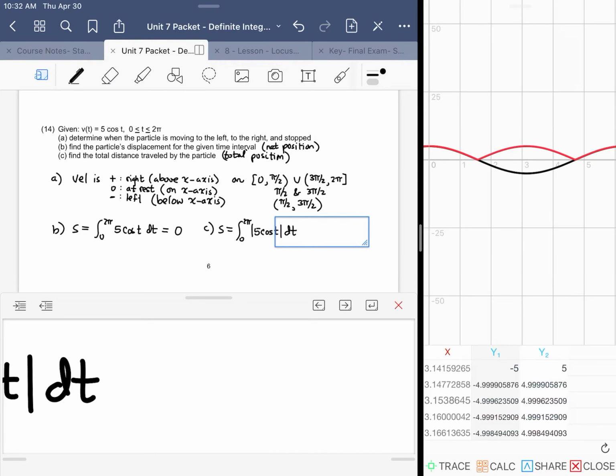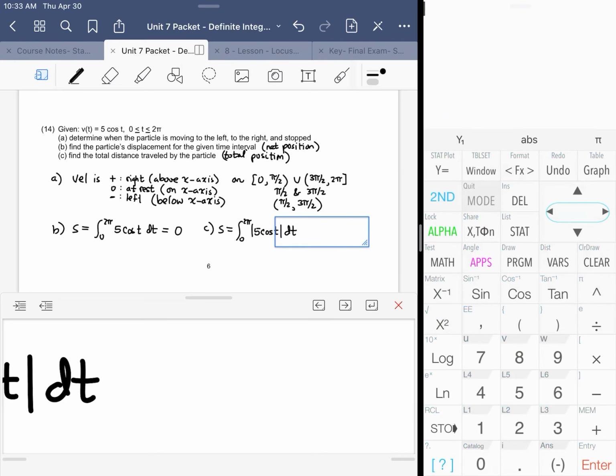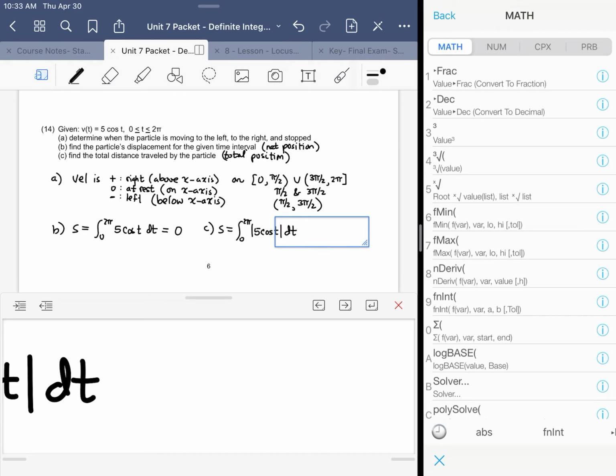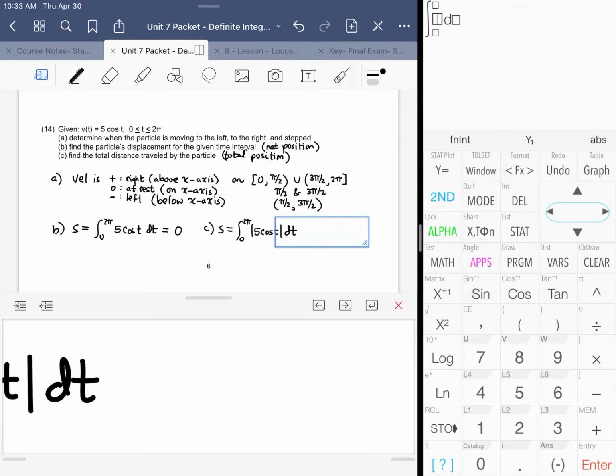And then I'm just going to select alpha trace followed by y1, just to say that I want the absolute value of whatever I had stored in y1. And you can see that for the parts between 0 and pi over 2 and 3 pi over 2 to 2 pi, it's the same, but the parts between pi over 2 and 3 pi over 2, it got flipped.